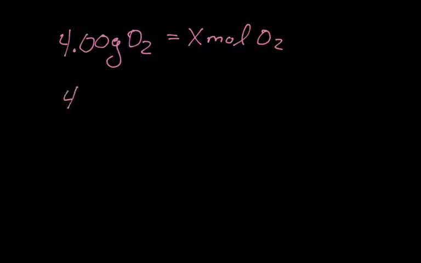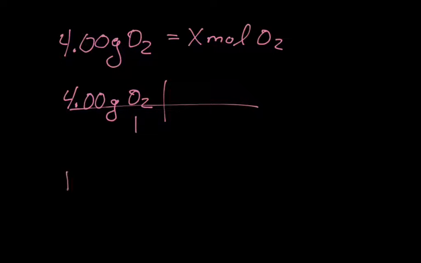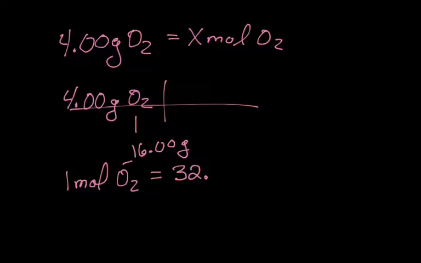And setting up our grid, we'll start with our given 4 grams of oxygen over 1. And we're going to again use our equality, 1 mole, but this time of oxygen, equals the molar mass of oxygen. Oxygen is 16.00 grams, but there are 2 of them, so 32, and remember there's 2 digits after the decimal, so 32.00 grams of oxygen.